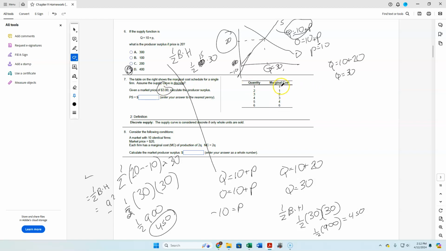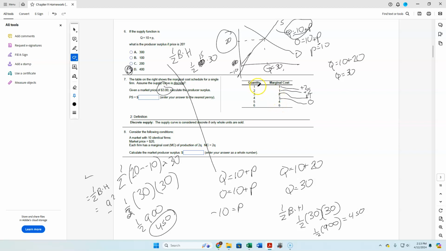So here would be a +2, here would be a +2, here would be a +1, here would be a 0. And for quantities 5 and 6, we'd see that the marginal cost would exceed the price.